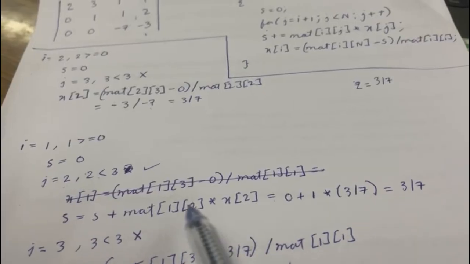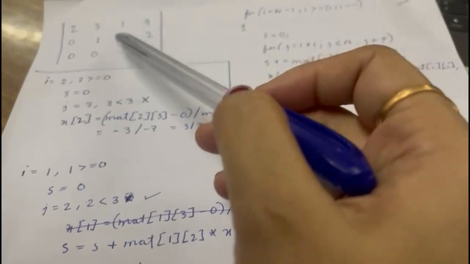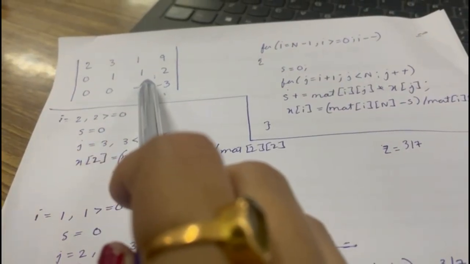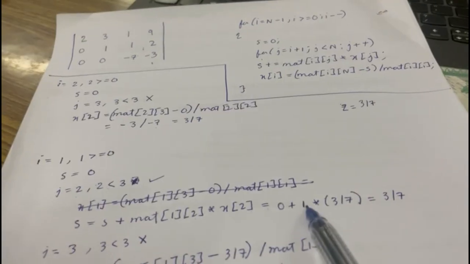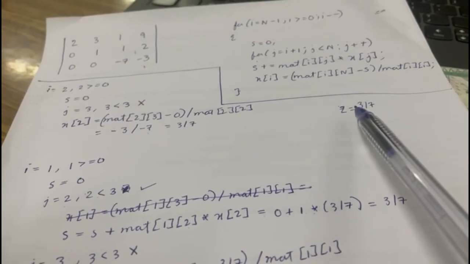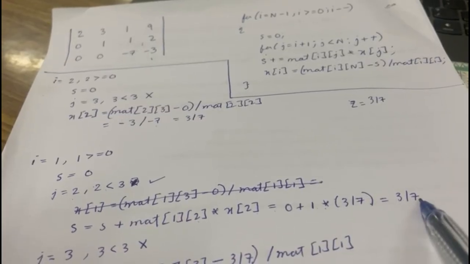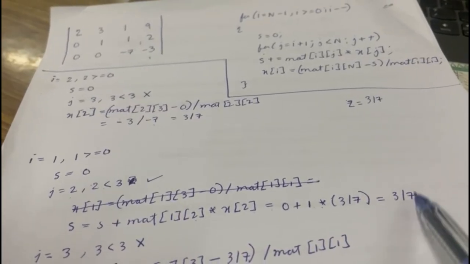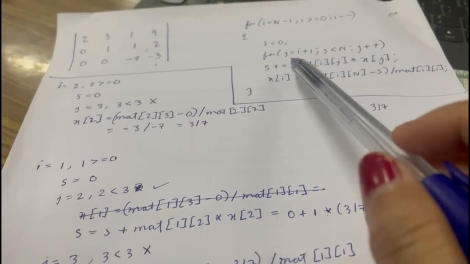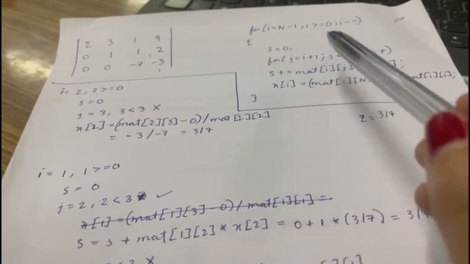Now simply put the values. s value is 0, mat of 1 2 means row 1 and column 2, that is we are getting 1, into x of j, x of 2, we already got here, no? x of 2 is 3 by 7. So if we do this, we are getting 3 by 7. s value is 3 by 7. Now we are going to go again. We will continue these two lines till this condition becomes false.